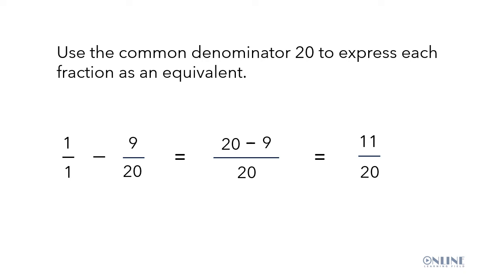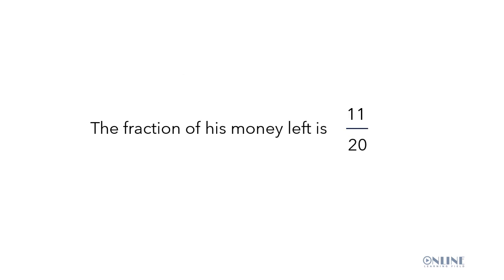The new fraction is 11/20. So 1 minus 9/20 equals 11/20. The fraction of the man's money left after spending 1/4 on food and 1/5 on clothes is 11/20.